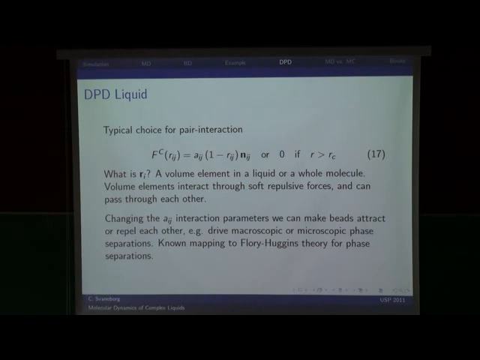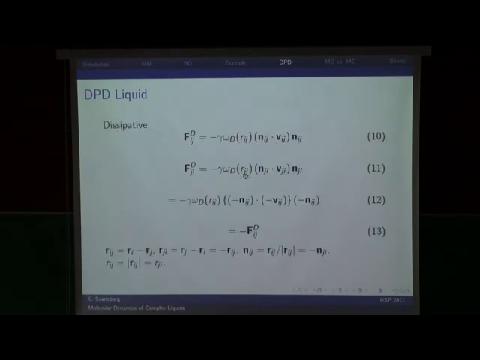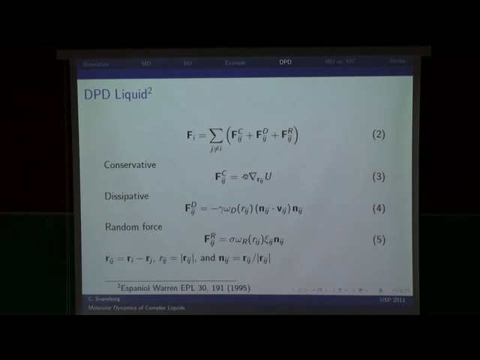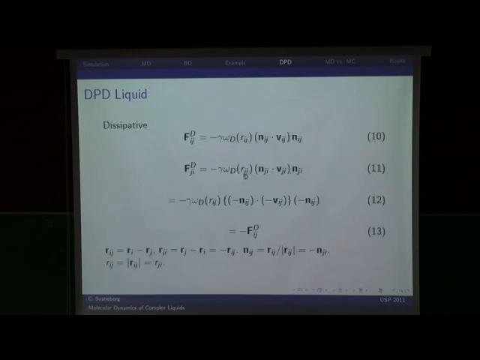The DPD liquid, with this very particular choice of dissipation term and random force term, has been designed in exactly such a way to preserve local momentum. Otherwise, you would not bother having something that's complicated looking as this. There has to be some benefit.